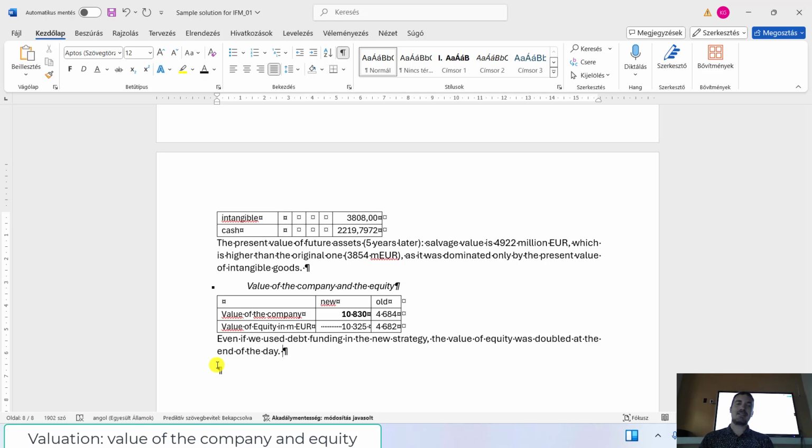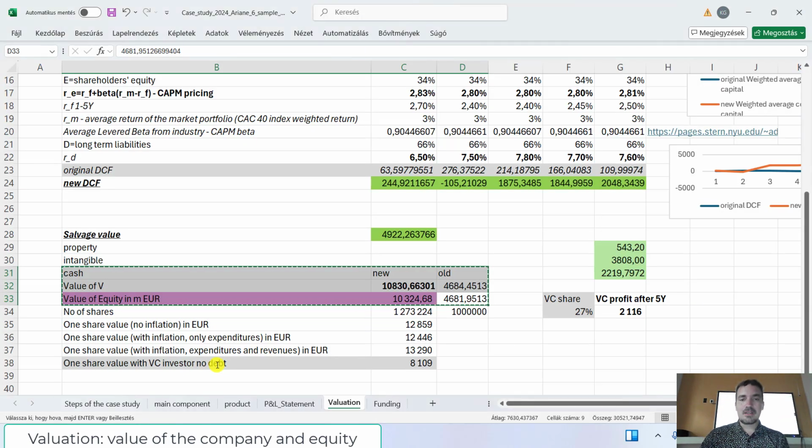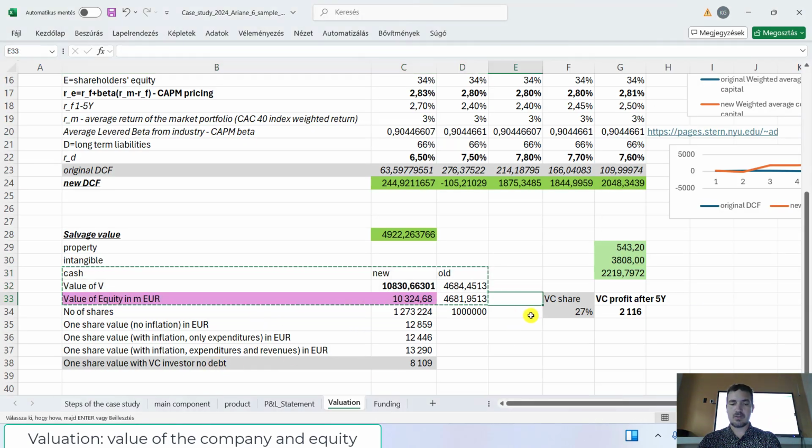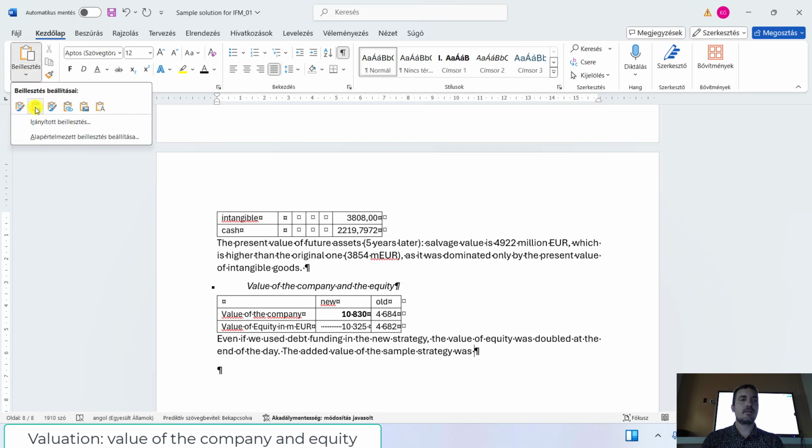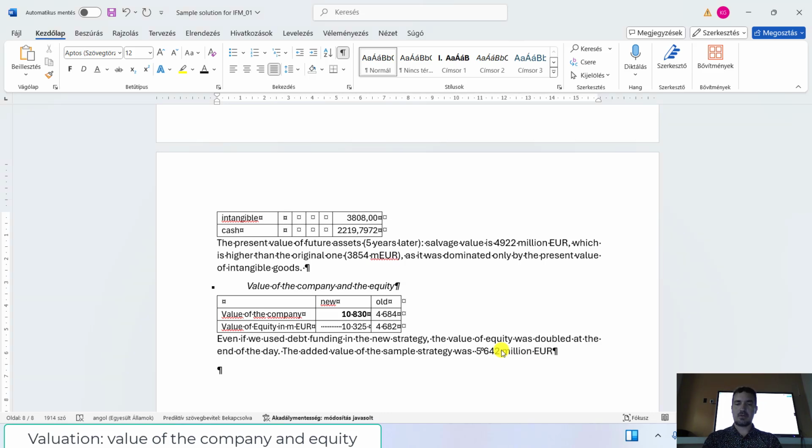So in this case we can see the added value, the difference between the two numbers. So this minus this. The added value of the sample strategy was, in euros.